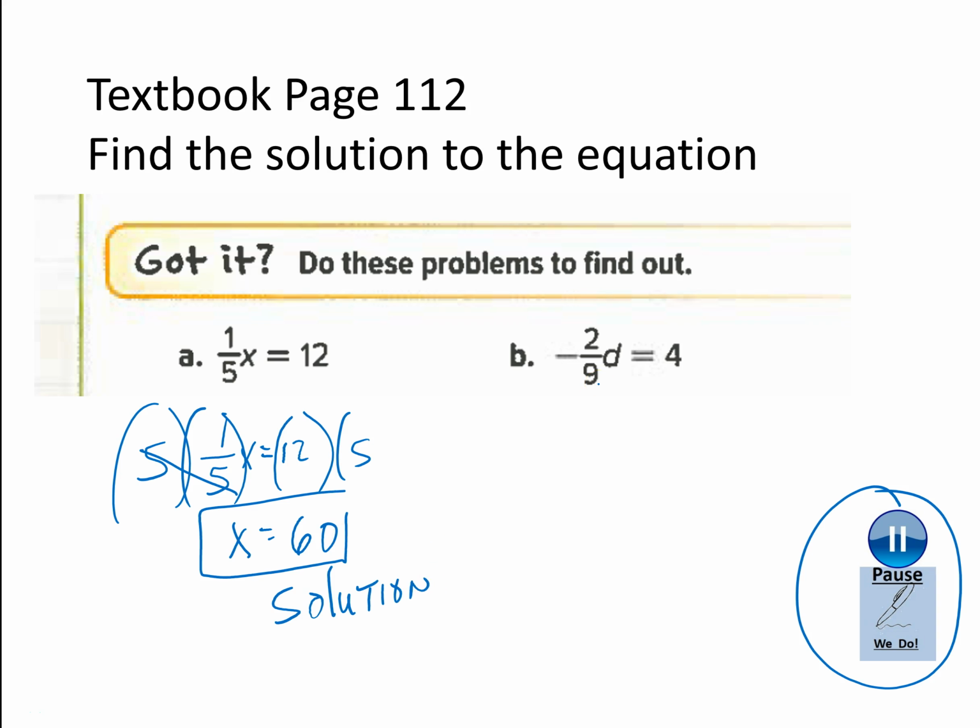What's the multiplicative inverse of 2/9? So it's negative 2/9 times some number d is equal to 4. So my multiplicative inverse is going to be negative 9 divided by 2.